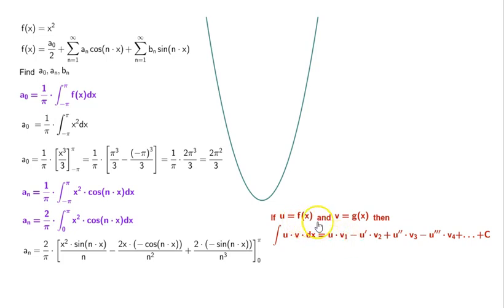So here u is the function itself, v1 is the first integral of v, minus the first derivative of u times the second integral of v, or the integral of v1, plus the second derivative of f of x times the third integral of v, or the integral of v2. And like this, we keep doing it till we end up with 0.